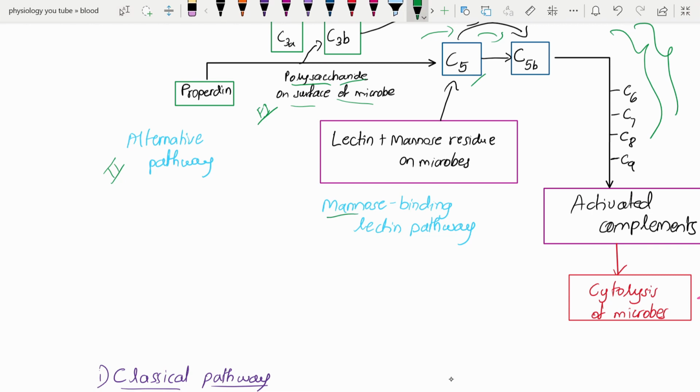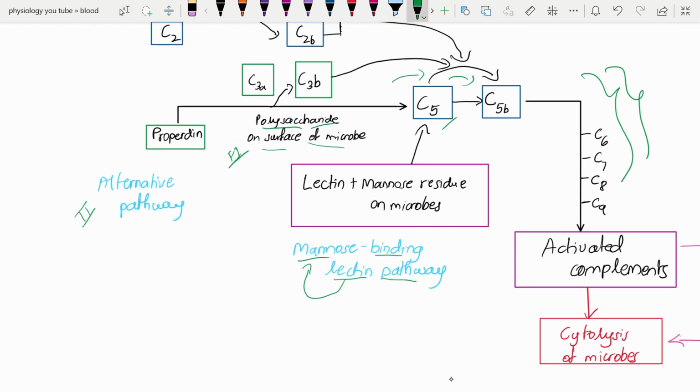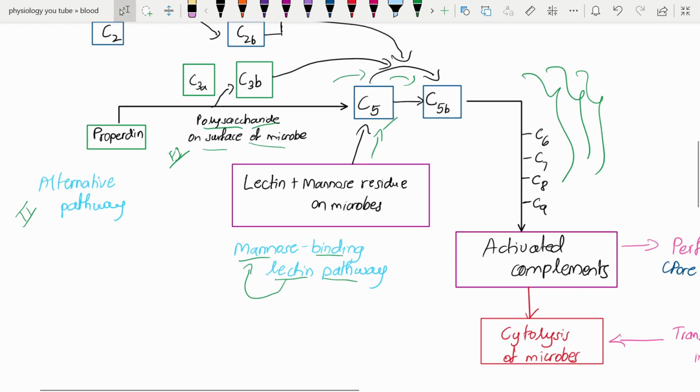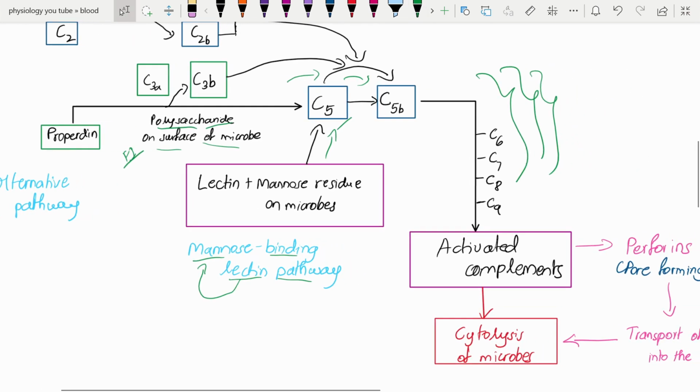And the mannose binding lectin pathway: our lectin will recognize the mannose group. Once it recognizes it, that will directly activate C5. As you know, once C5 is activated, there is a formation of C5b to C9, the activated complement complex.